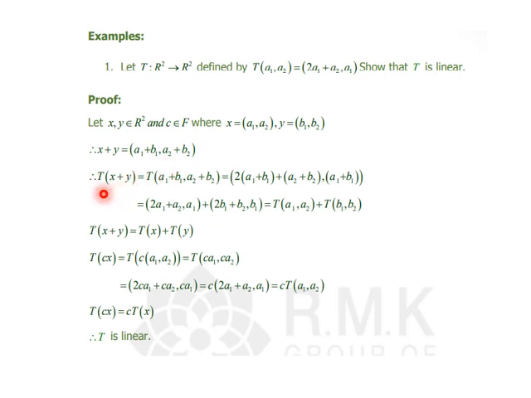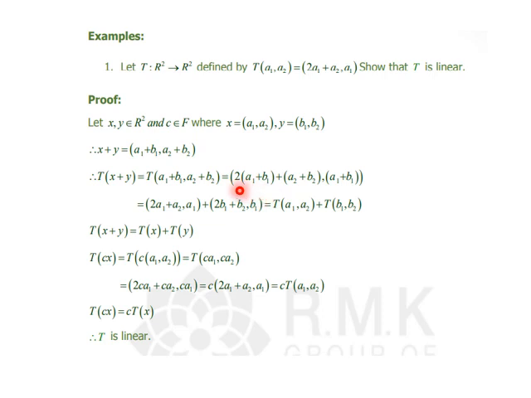Now apply T on X plus Y. When I give the input A1 plus B1, A2 plus B2, my output will be 2 times the first component plus the second component, and then the first component as it is. Now use the distributive property.